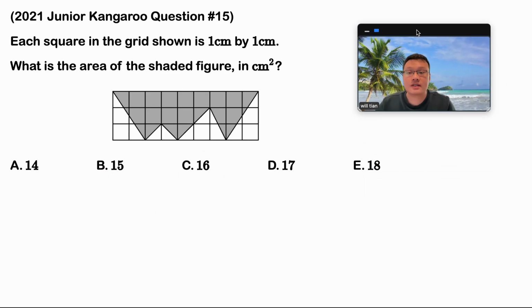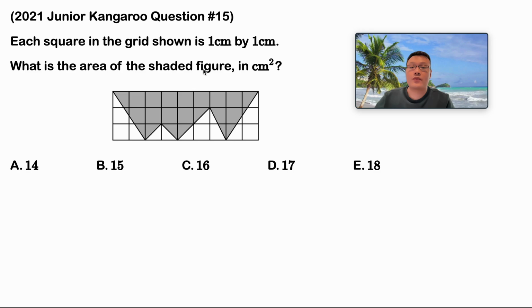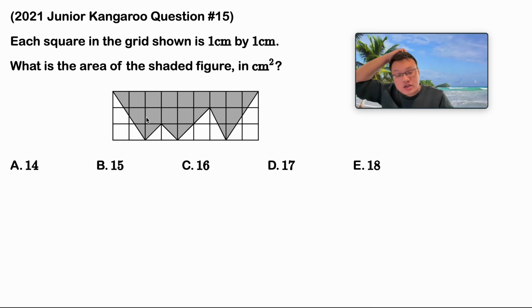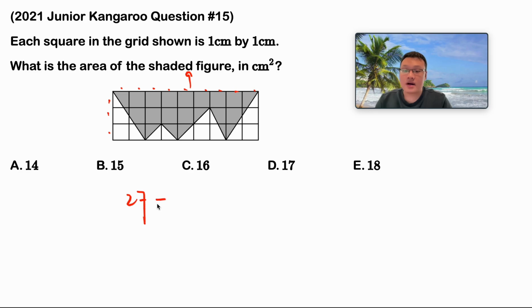Okay, next question. Each square in the grid is 1 by 1. What is the area of the shaded part? So we can use the total area minus the unshaded part. That will be 1, 2, 3, 4, 5, 6, 7, 8, 9 times 1, 2, 3. 3 times 9, 27. Minus, let's do that 1 by 1.